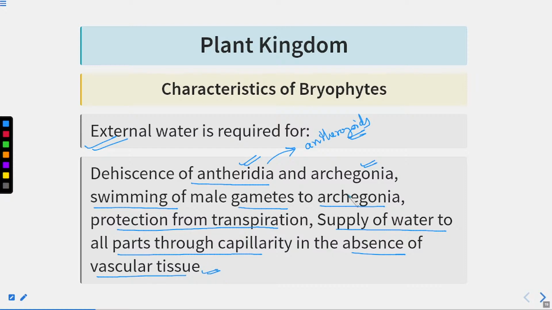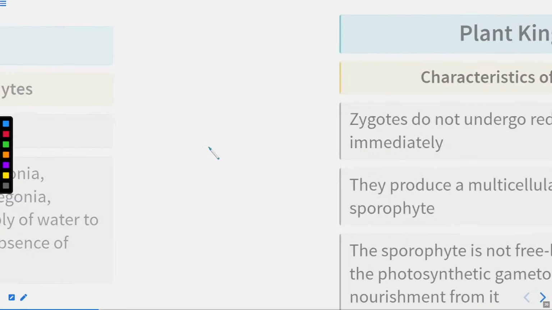So they do not have any vascular tissue, right? So they require water from the outside, and the benefit of the water in the outer environment is that it allows these antherozoids to swim and reach the archegonia. So this presence of external water is very, very important.